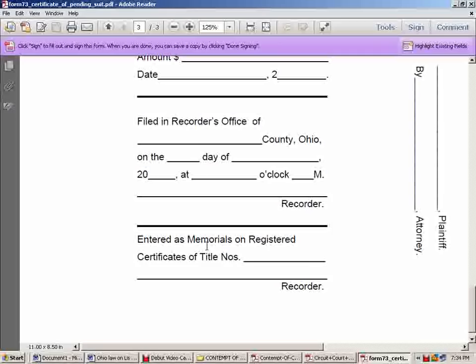And you would go and look at it and say, okay, everything is clear, because they're keeping track of everything on there. Yep, there's no liens or encumbrances listed on the owner's or on the original certificate of title. The original is kept at the title office, and then the owner is supposed to get a copy called the owner's certificate of title, which is an exact duplicate of what the original certificate of title is.